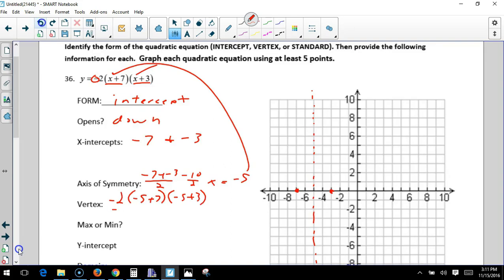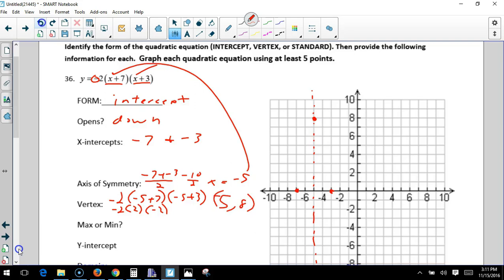And what that is: negative 2 times 7 minus 5 is 2, times negative 2, 2 times 2 times 2 is 8. And it's going to be negative. Wait, positive. The negatives cancel each other out. So that's 5, 8. Sorry, negative 5, 8.